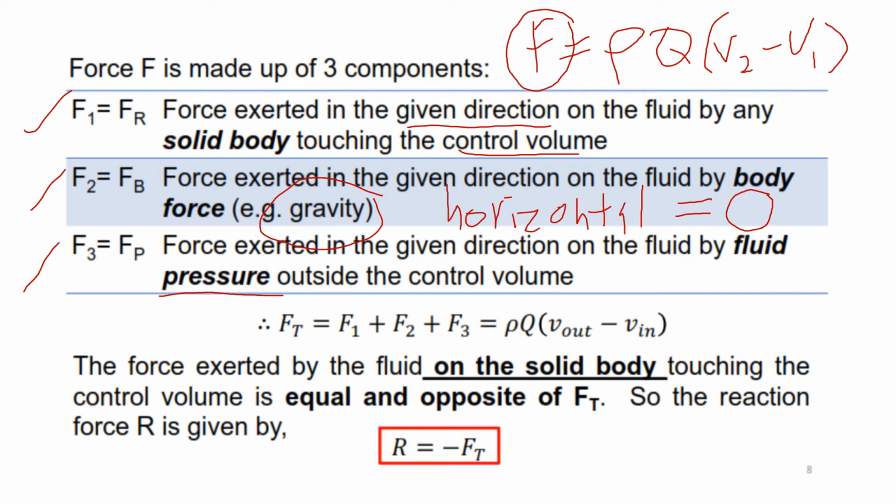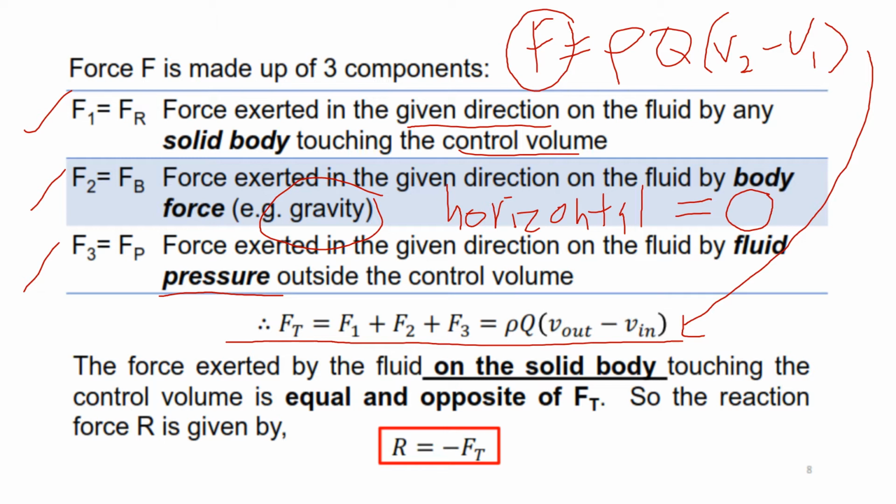Okay, so we can consider F total is equal to F1 plus F2 plus F3. Okay, this is the formula here. Density times flow rate, velocity out minus velocity in.